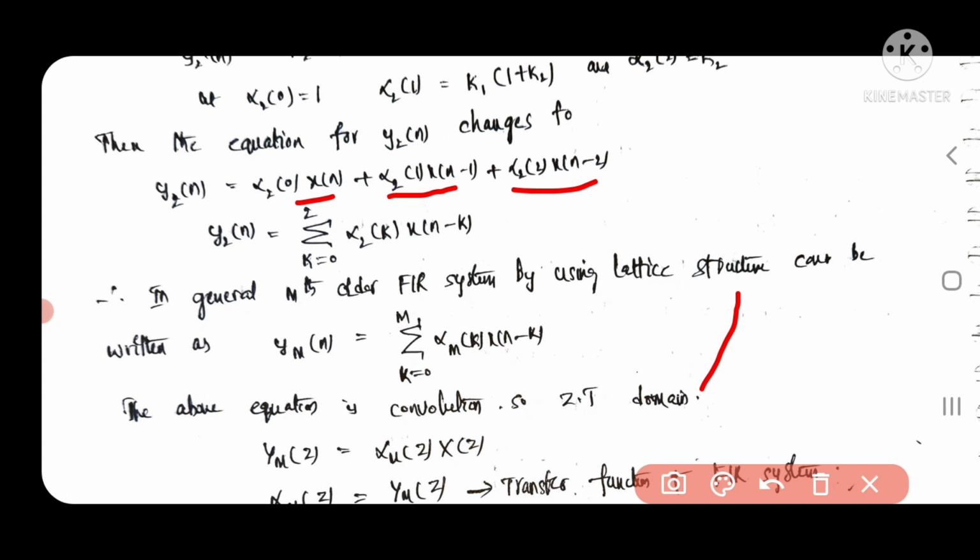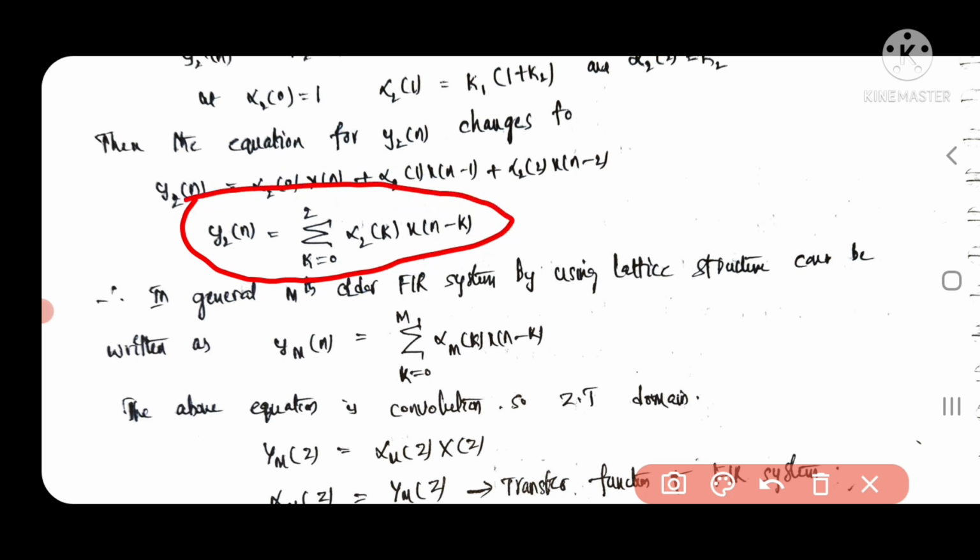In that situation we can represent y2 of n in generalized format, that is y2 of n is equal to summation k is equal to 0 to 2 of alpha 2 of k into x of n minus k. Based on that, if you substitute k is equal to 0, alpha 2 of 0 into x of n, the first term, is satisfied. If you substitute k is equal to 1, alpha 2 of 1 into x of n minus 1 is also satisfied. If you substitute k is equal to 2, we get alpha 2 of 2 into x of n minus 2.